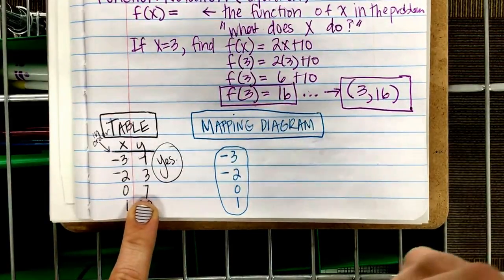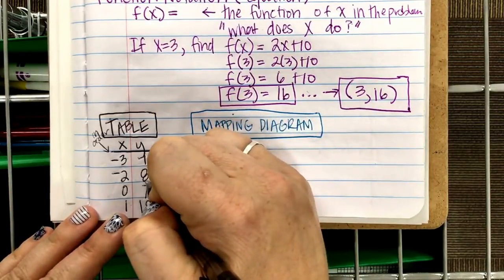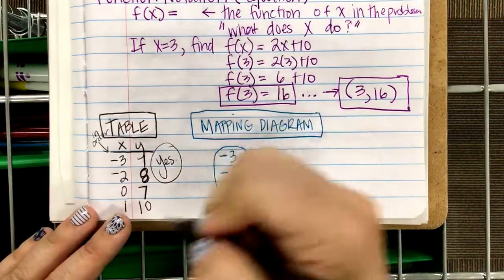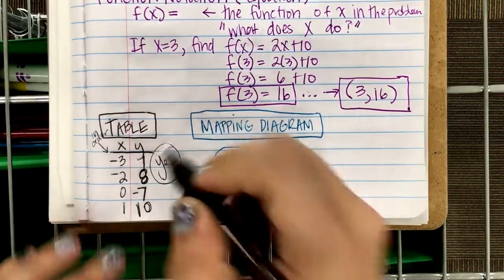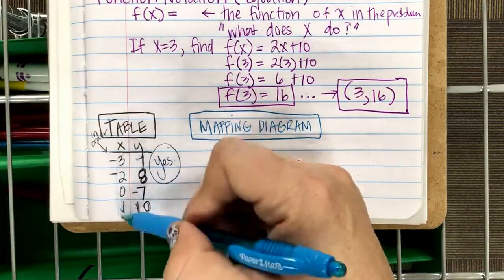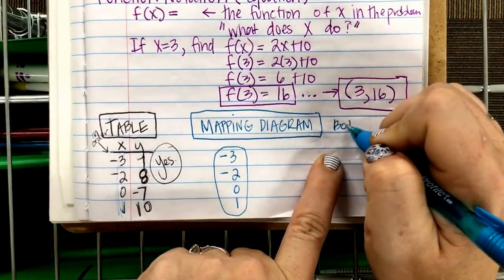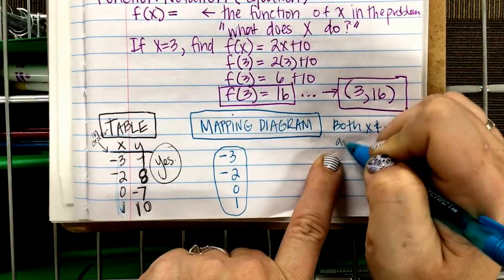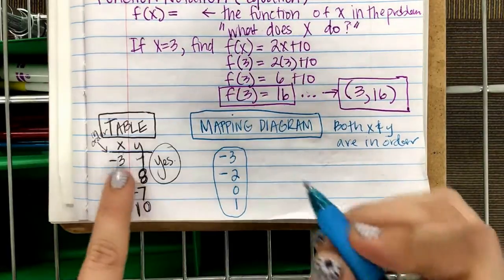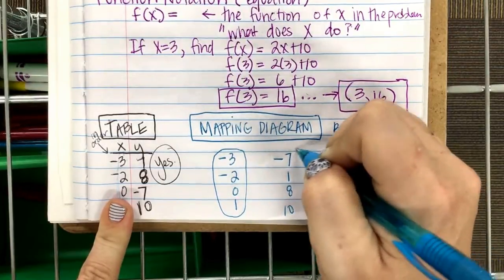Let's change this real quick. Let's make this an 8. That was a 1, that's an 8, that's a 7, that's a 10. Let's make this -7. Is this still a function? Yes, because the x values don't change. But now, in a mapping diagram, both x and y are in order. So over here, I'm going to put these in order of -7, 1, 8, and 10.